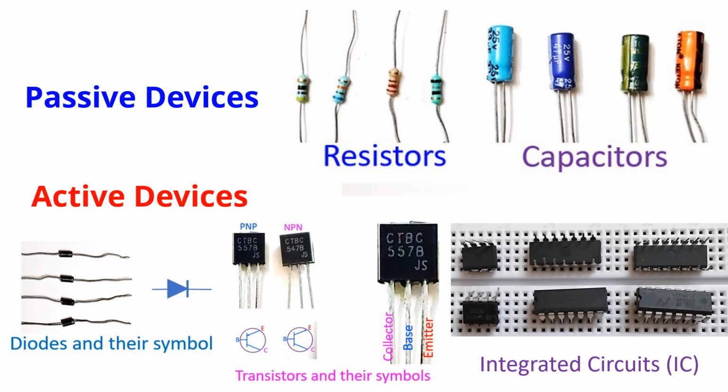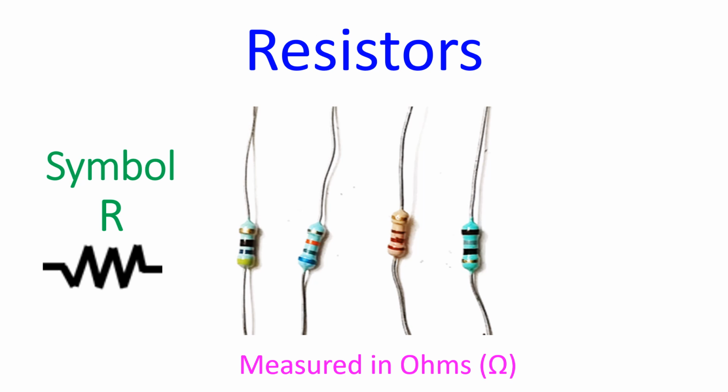Rectification is the process of converting alternating current to direct current flowing only in one direction, while alternating currents change direction with a periodicity. Resistors are passive electronic devices which resist the flow of currents through them.